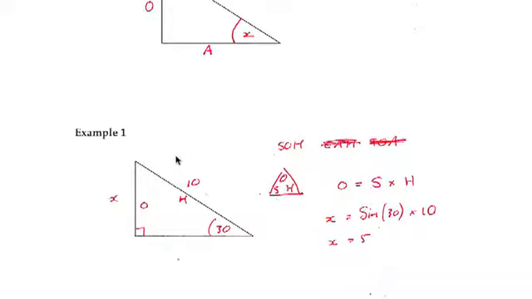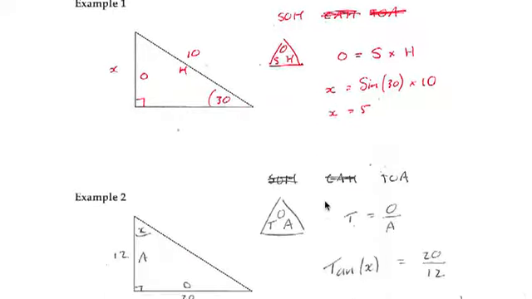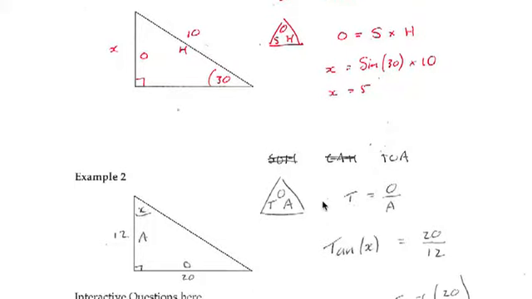So this is how you would use trigonometry to find a missing length from a triangle, and this is how you would use it to find an angle. So we're going to start with labeling up the triangle in exactly the same way.